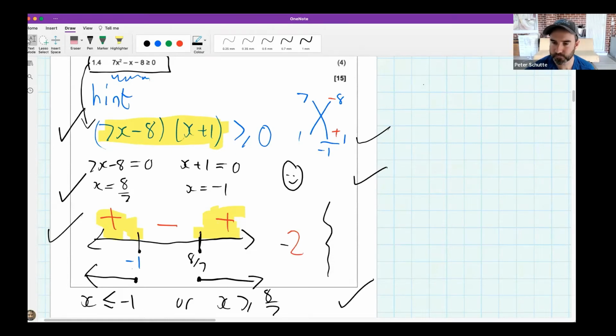Sir, for the factorizing part, I did it a little bit different, but I ended up with the same answer. So what I did was I got 7x bracket x minus 1, but then I ended up with the same answer. And what I did was, I don't know if you remember, sir, the previous question with the equation that I asked you about, and you said that x is equal to 0.